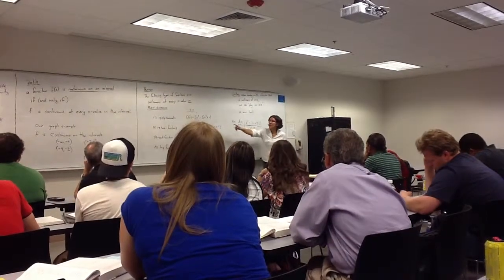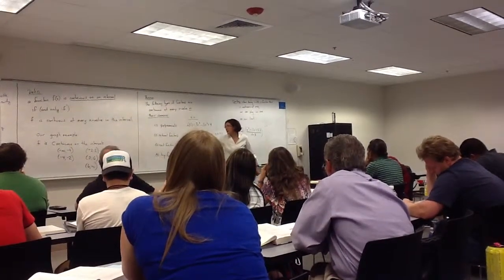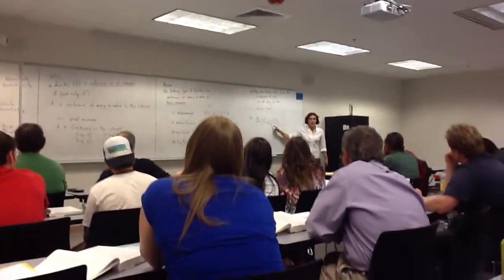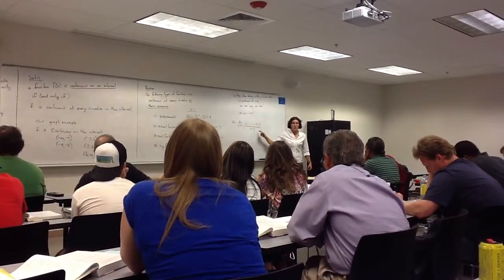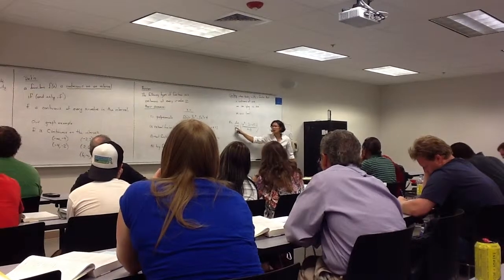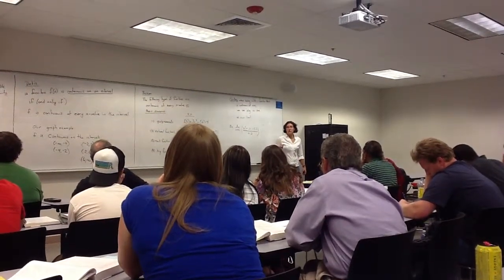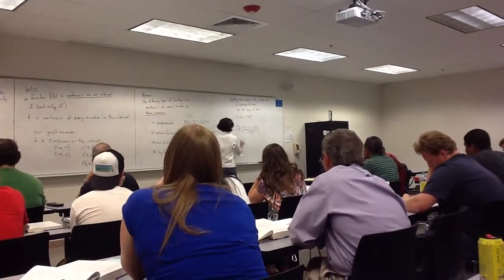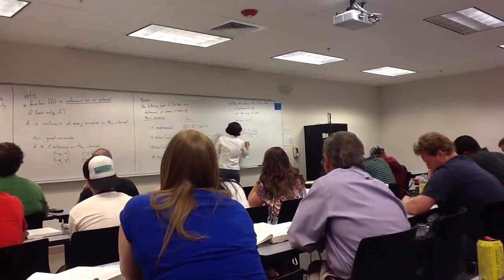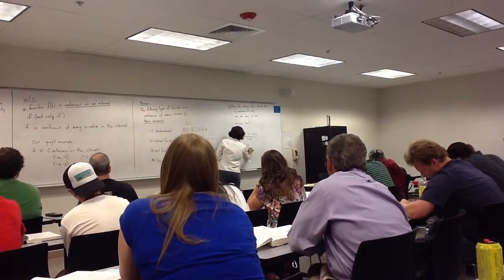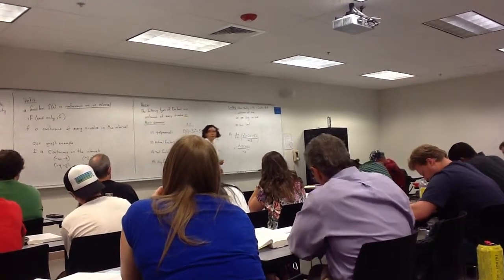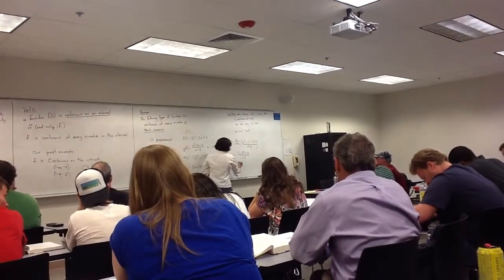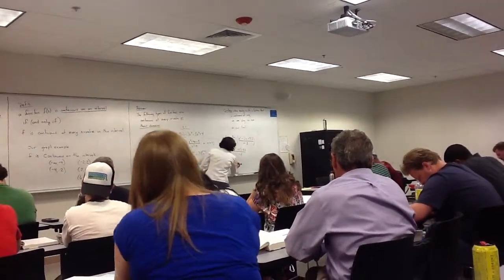So by this theorem, we're looking at a rational function where 1 is part of our domain, which means we can immediately plug in x equal to 1 into this function. No factoring, no nothing. Okay, so this limit is equal to 1 to the third minus 2 times 1 plus 52 over 1 minus 3. So in our numerator we have 51, and in our denominator we have negative 2.